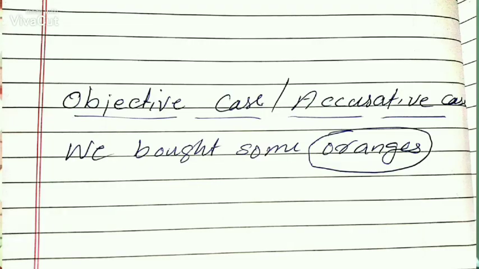For example, we bought some oranges. In this sentence, the subject is we, and some oranges is the object of that sentence. Here oranges is also a noun and it is used as the direct object of the sentence. So that noun is used in the objective case.